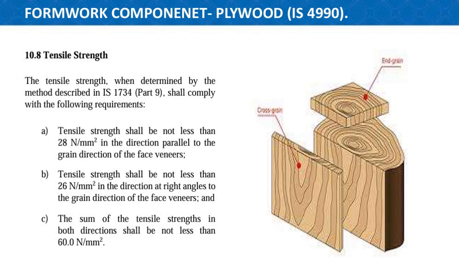Then what is the method described in IS 1734 part 9? The tensile strength shall not be less than 28 Newton per millimeter square in the direction parallel to the grain direction or the face beneath. So here you can see these are the parallel grain direction.